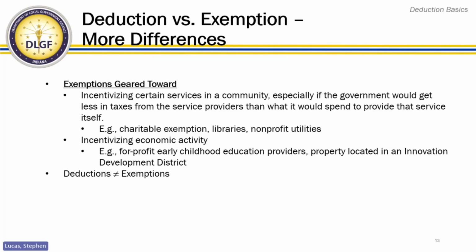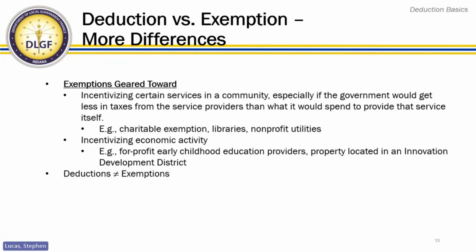And that's similar to exemptions, although with exemptions, we typically see those geared towards organizations and entities that are reducing the burden that would otherwise be placed on government. That's because the charitable organizations, the religious organizations, and other entities that are often exempt from property taxes are providing some sort of service to the community that then reduces the burden placed on the unit of government.